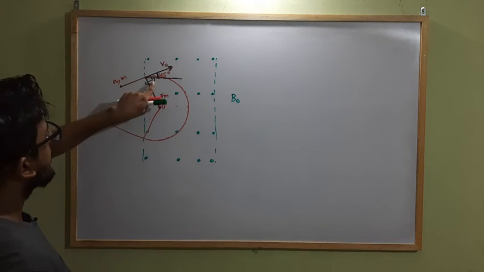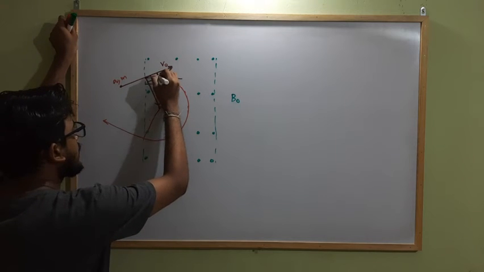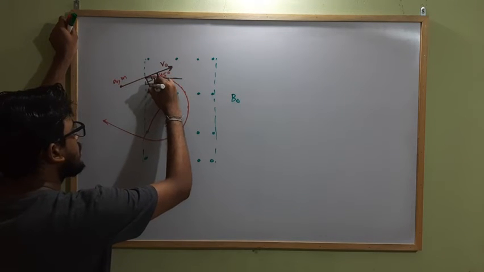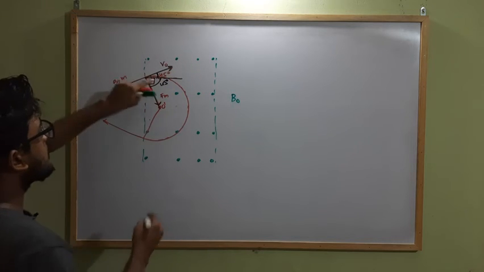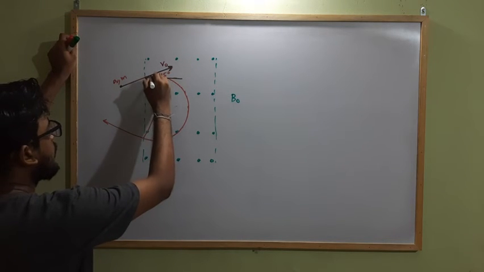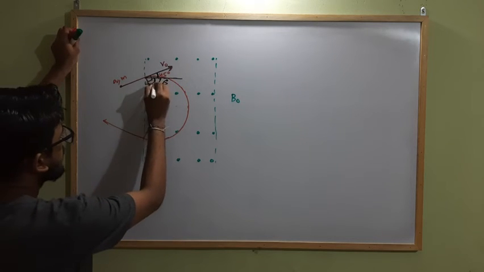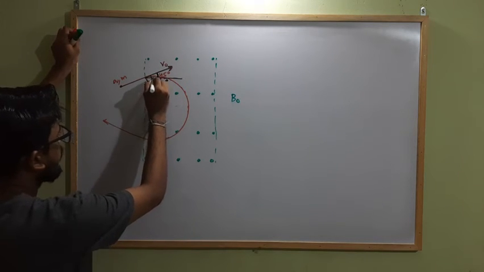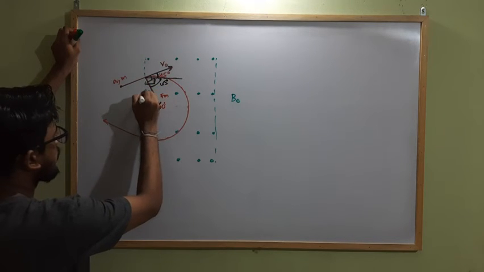Clear? If this angle is 90 and this angle is 45, then automatically this angle will be 45, because the complete angle is 90. Again this angle plus this angle combine to 90, this angle is 45, so this angle will be 45.